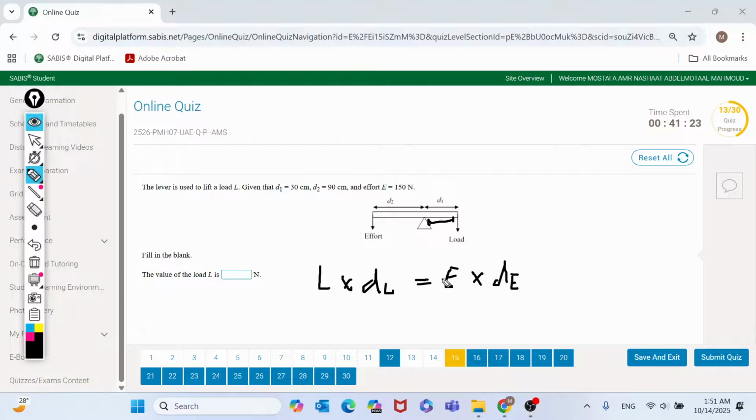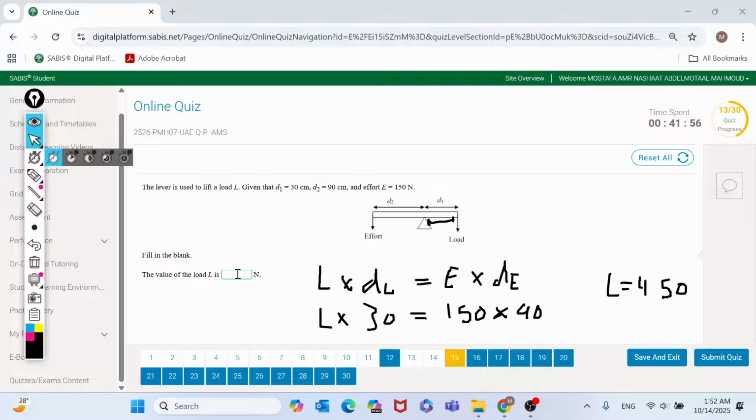So load is what we're trying to find, so load times distance D1, so 30, equals effort, so 150, times 90. If you do shift solve, you're gonna get L equals 450. So the answer is 450.